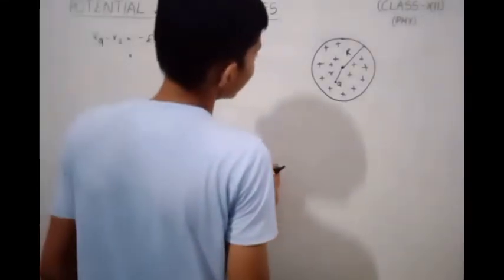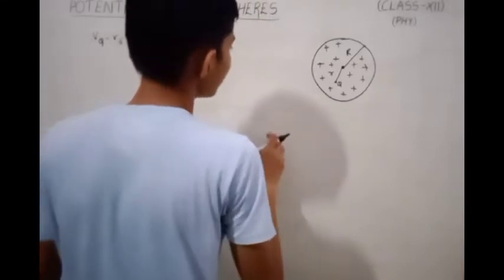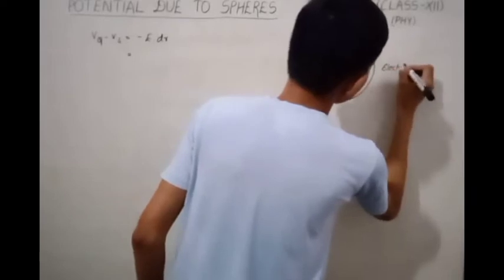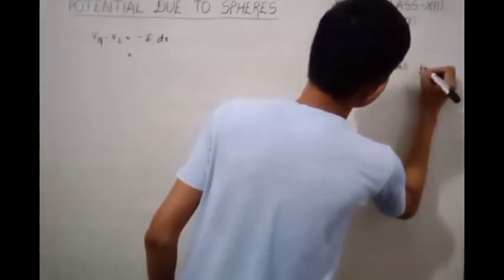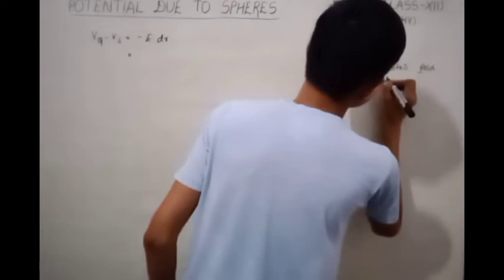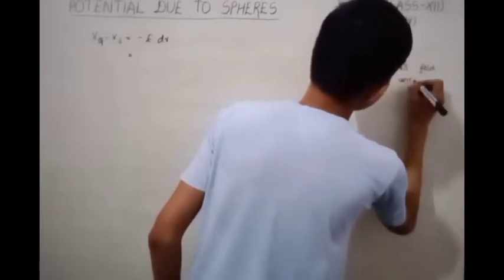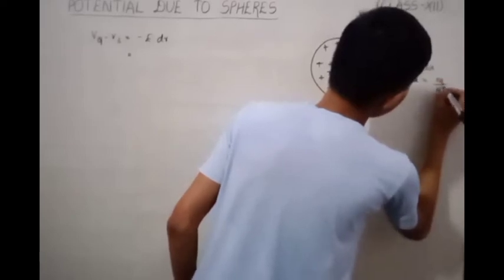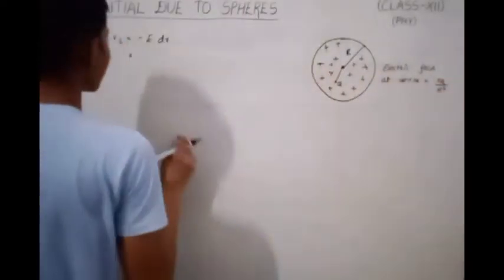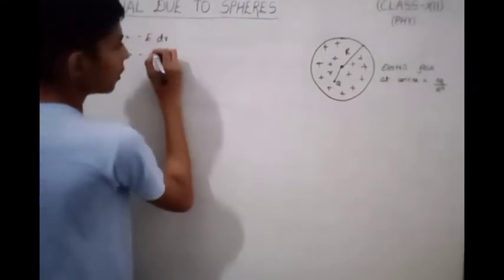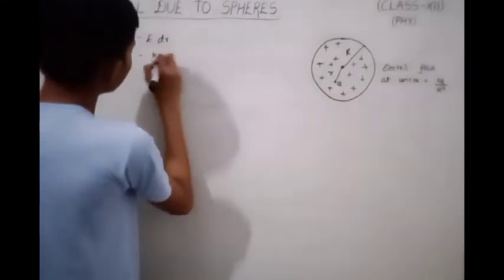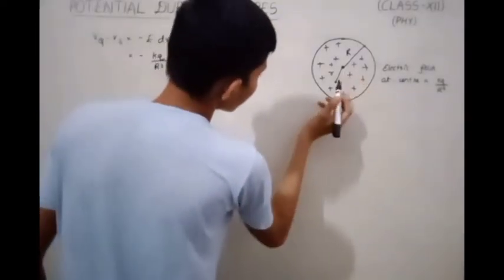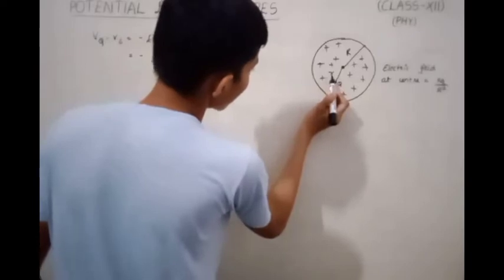And we know that for a non-conducting solid sphere, the electric field inside is kq divided by capital R cube times r. So we put here kq divided by R cube, and we are dealing with r.